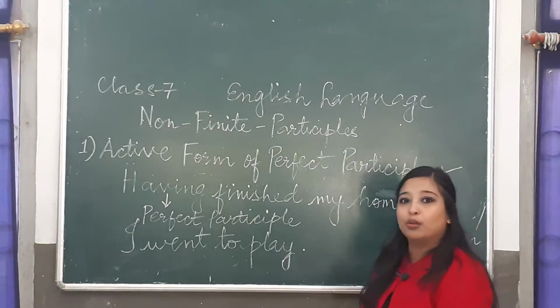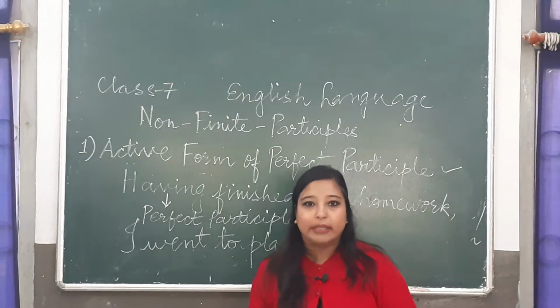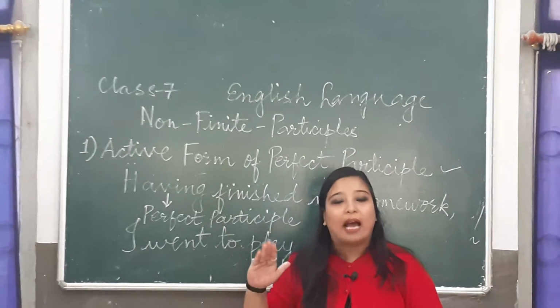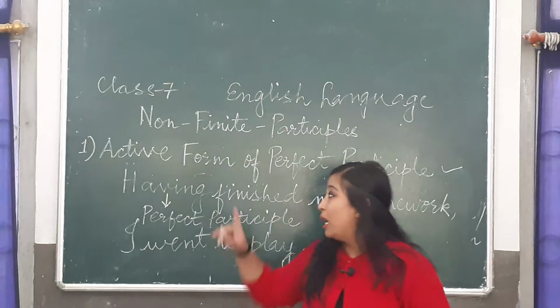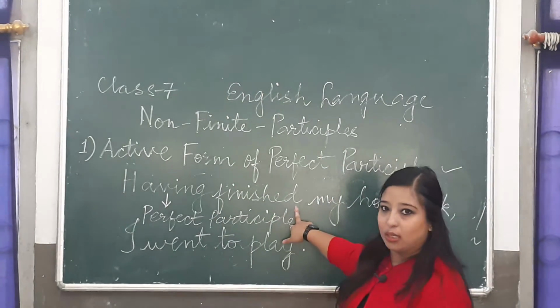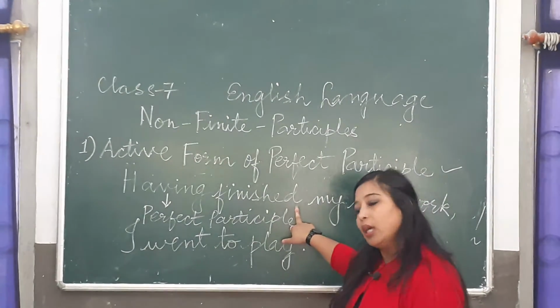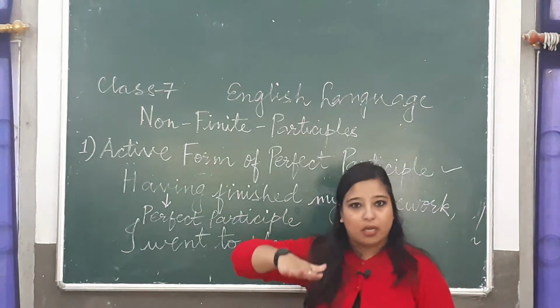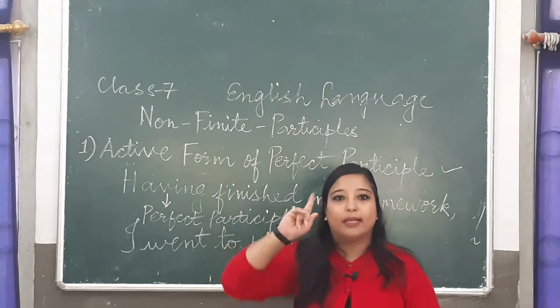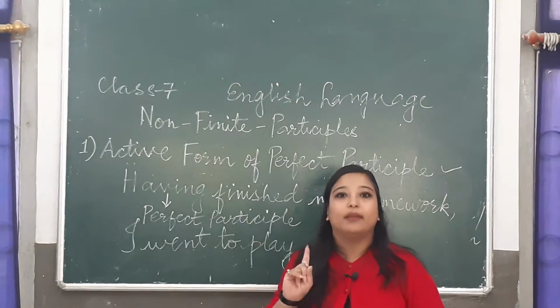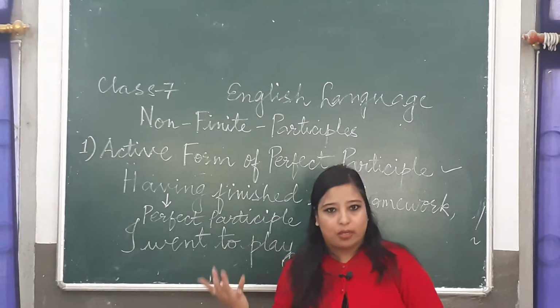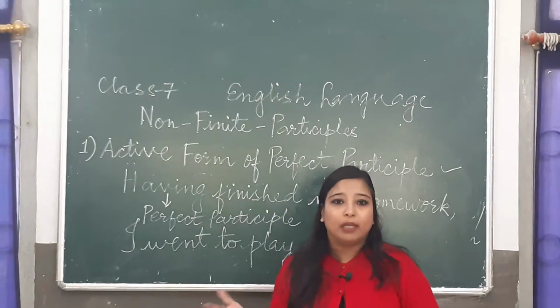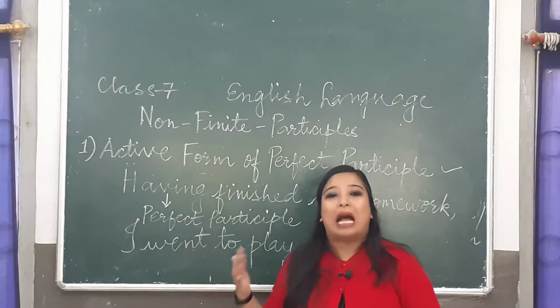Okay, so what you'll have to remember here is, in the active you'll have to begin with having and the third form of the verb, that is finished. Finish is the base form, isn't it? The V1 form of the verb. Finish, the V2 form, and finished, V3.